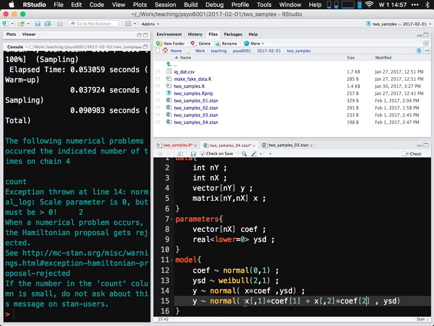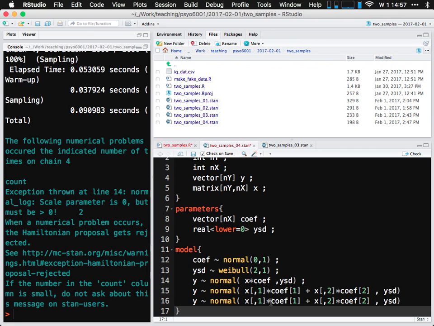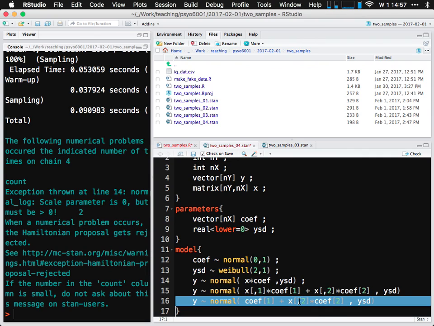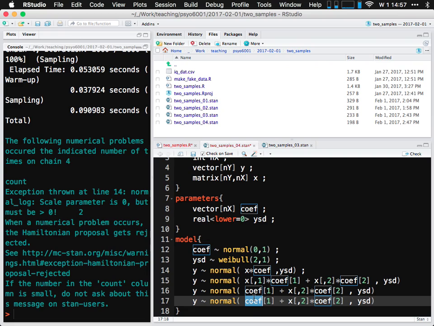If the first column of x is all 1s, that's kind of superfluous. You could say coef 1 plus this times coef 2, which in the terms we had before means coef 1 is the intercept and coef 2 is the diff. And mathematically that is the same thing as x times coef.